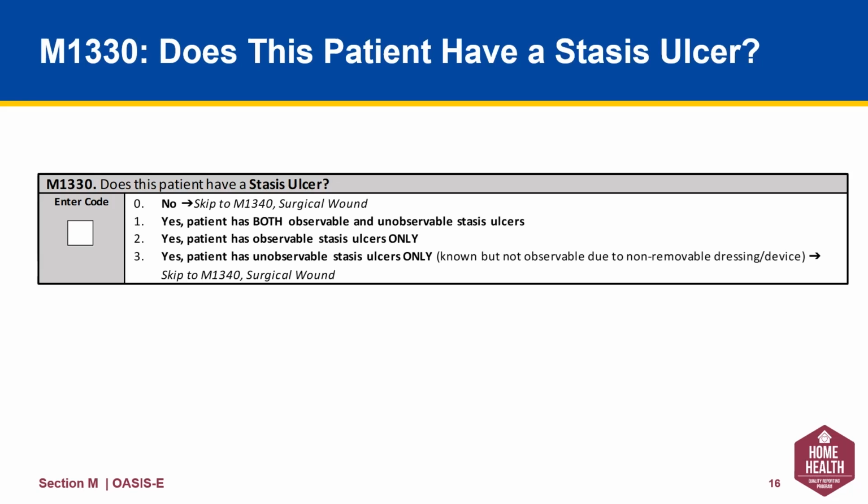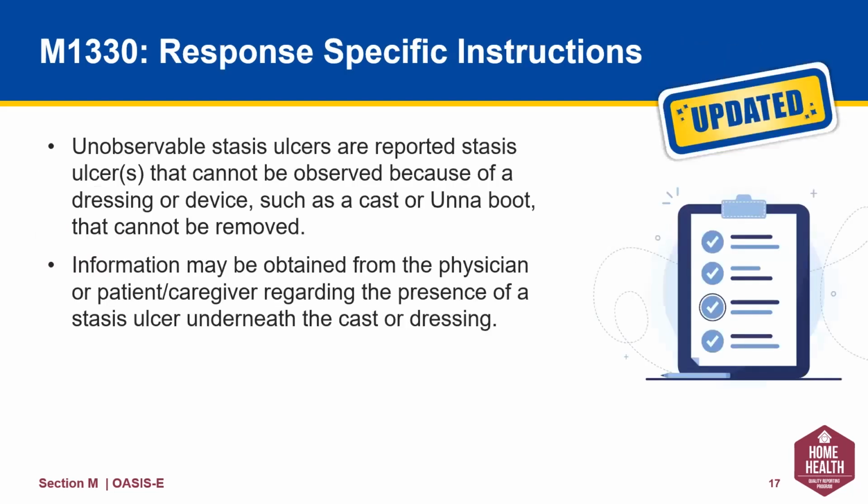For this item, you will again enter the number in the box to the left for the response that most accurately describes this patient. When coding this item, response number 3 is selected if the patient has unobservable stasis ulcers only.